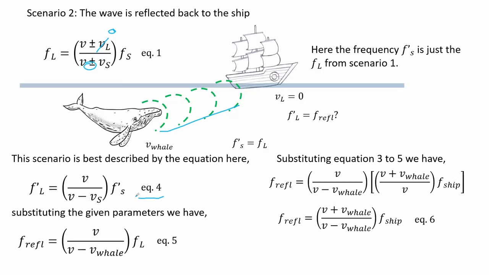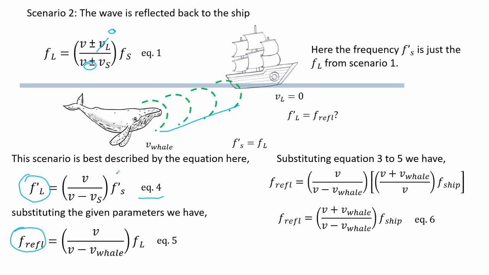Now we then substitute the given parameters. Let us identify them. So F prime L, which is the frequency heard by the ship, is the one that is reflected. So we change the parameter here to F reflected.